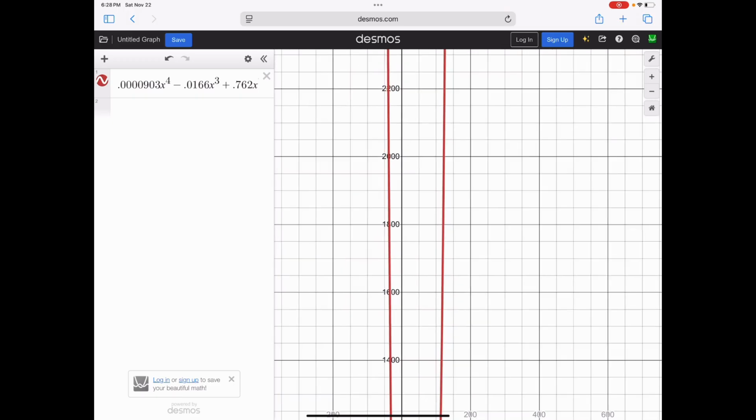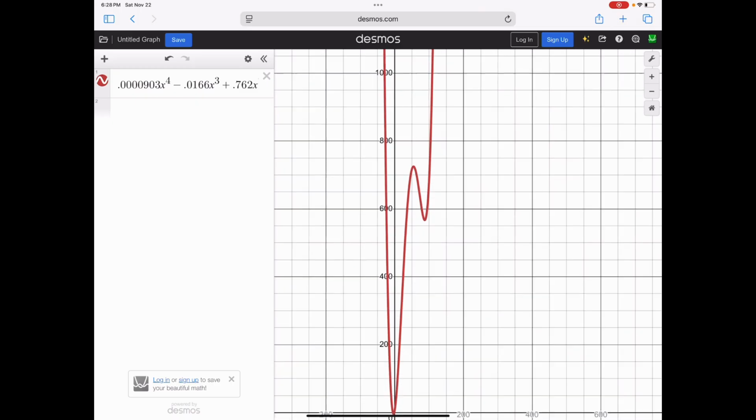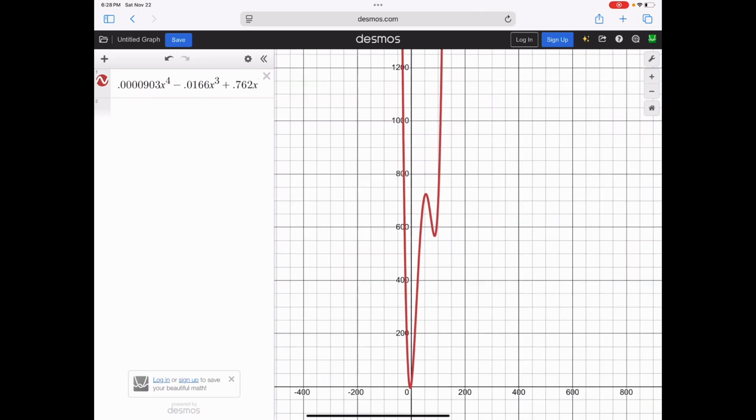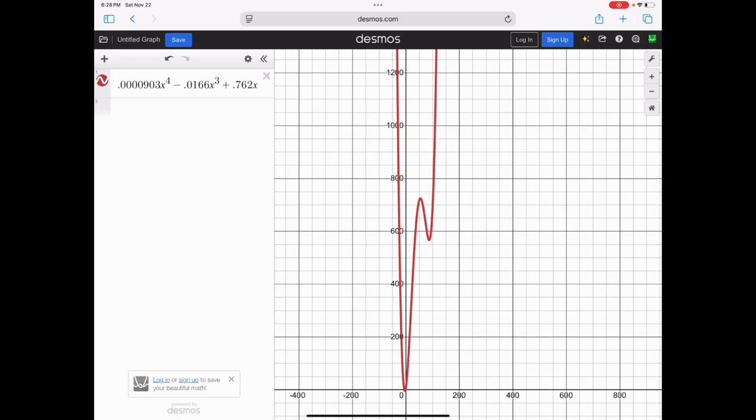And honestly, I know it's not going to turn anymore because I've already seen 3 turns here. What you'll learn at a later date is that the number of turns is usually the degree minus 1. That's at least the maximum number of turns, but that's for a later time. But we also know, since it is an even degree, that it is going to increase forever, both left and right. So this is definitely the entire graph of this function.